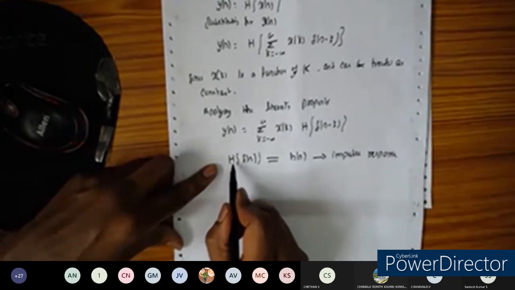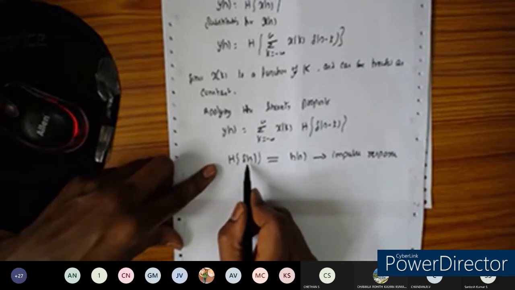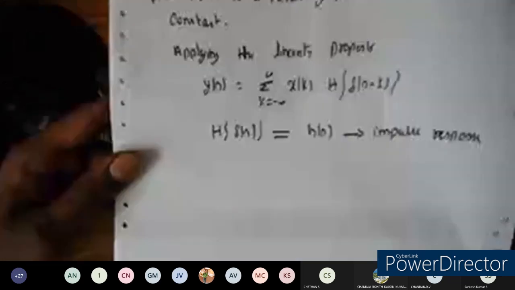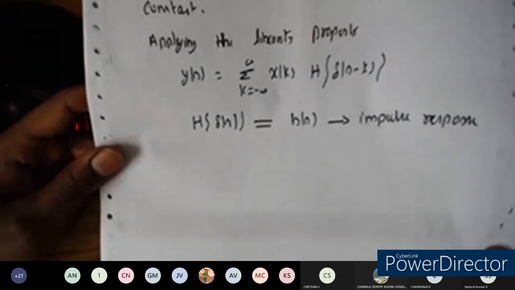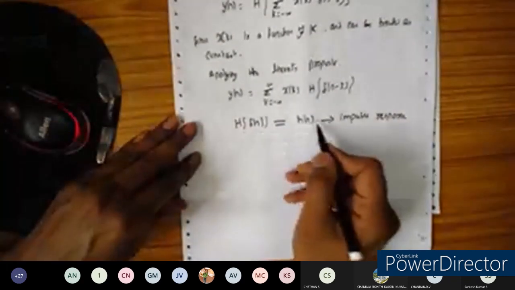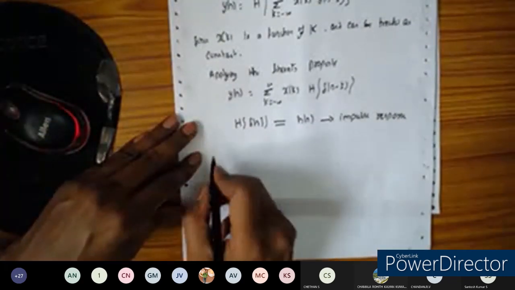For this LTI system, delta of n is the input and the output is h of n, the impulse response.